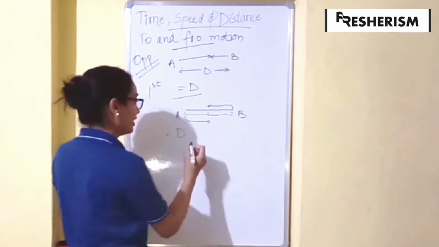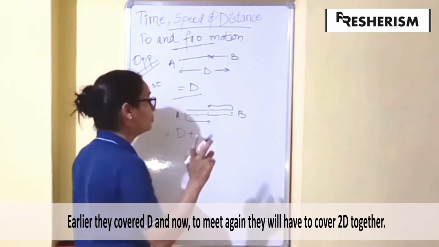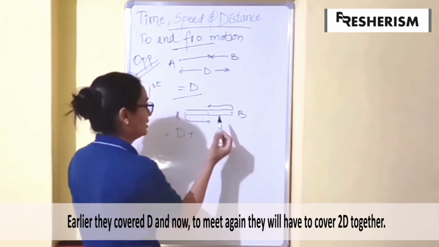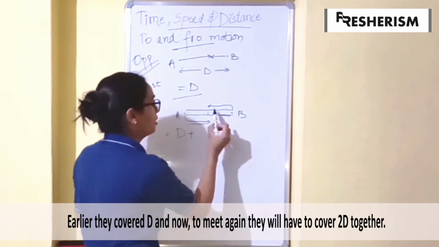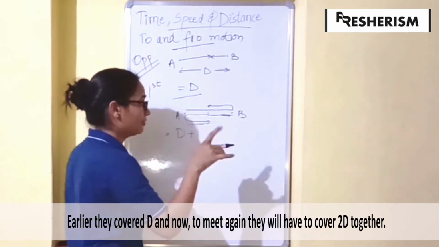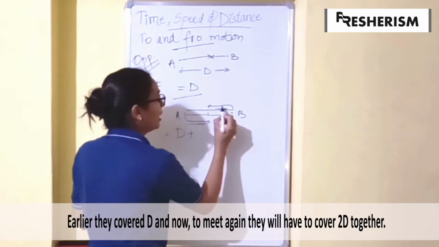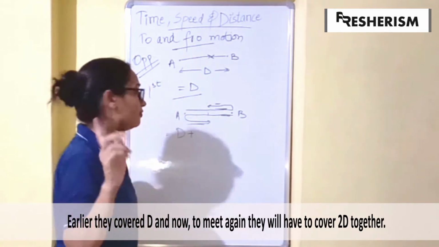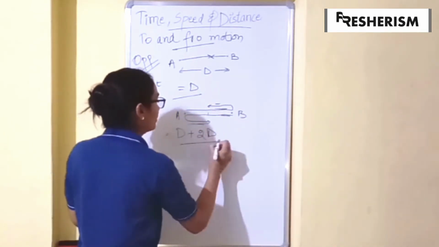For the first meeting they have travelled d, and now for the second meeting they have to travel together 2d distance, that is, this much distance by one and this much by the other after the first meeting. So it is a total of 2d.